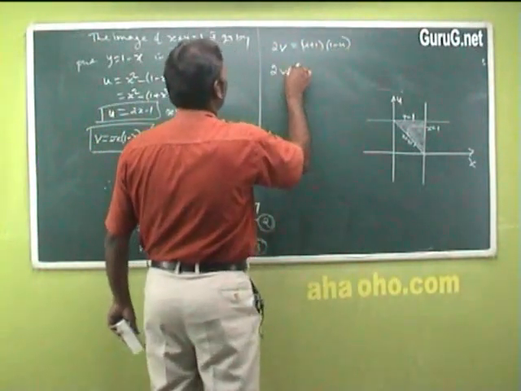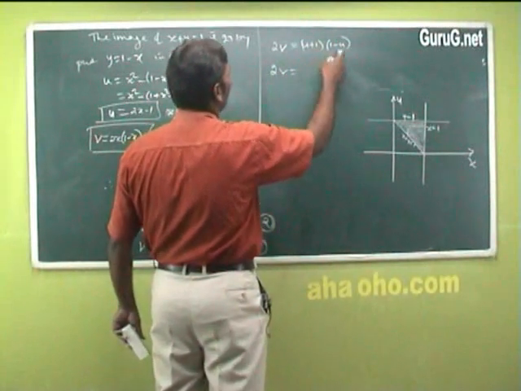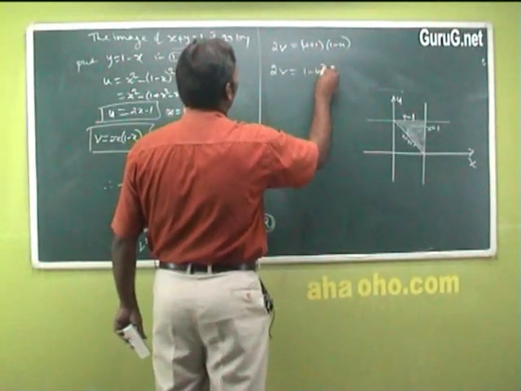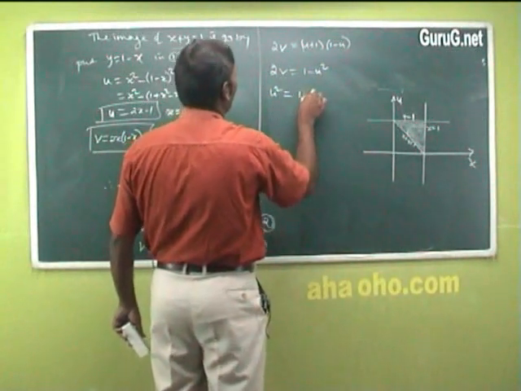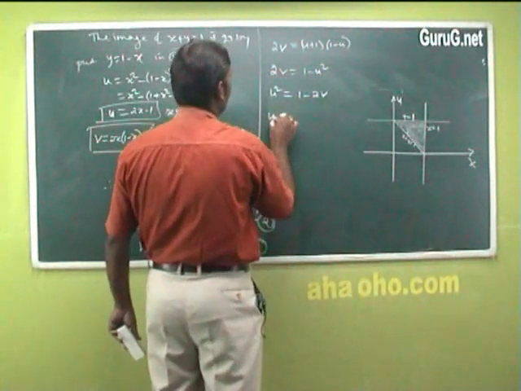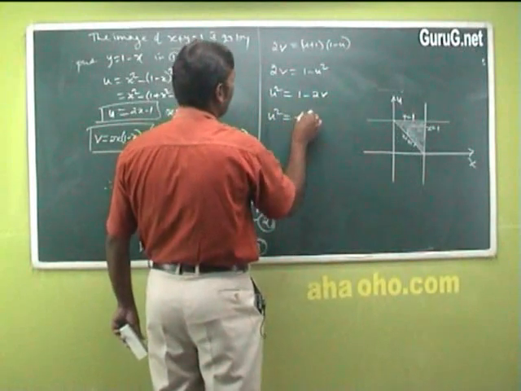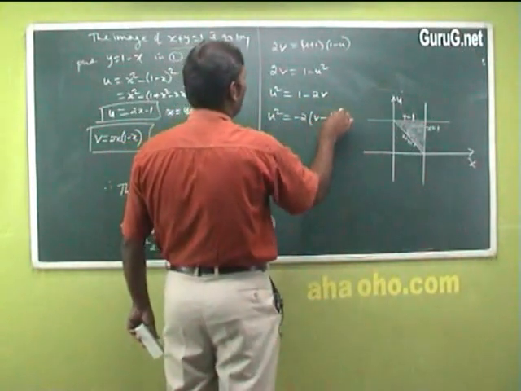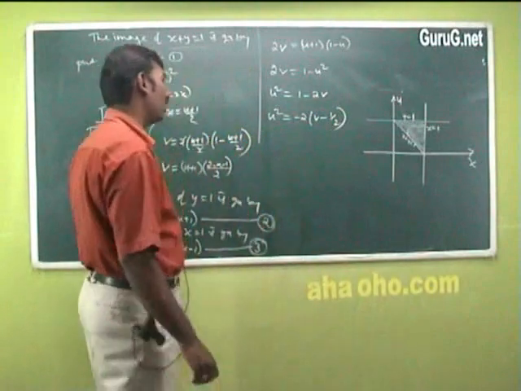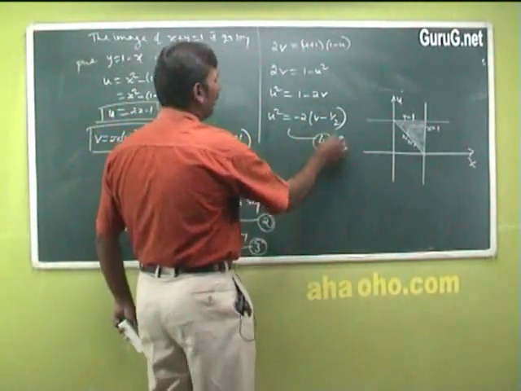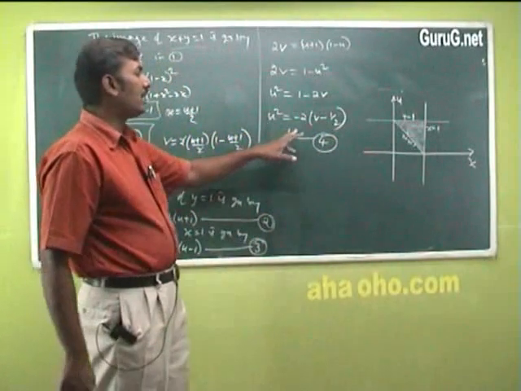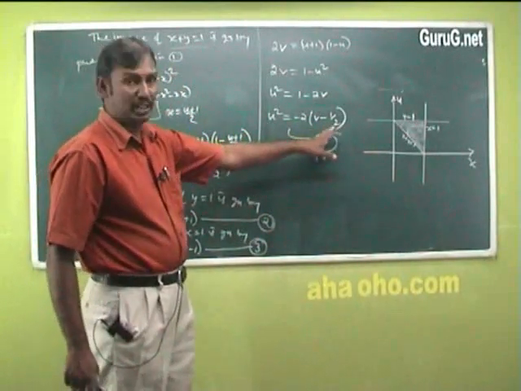So 2v equal to 1 minus u squared, so u squared equal to 1 minus 2v. Take minus 2 outside: u squared equal to minus 2 into v minus 1 by 2, right? Which is a parabola with vertex 0, 1 by 2.